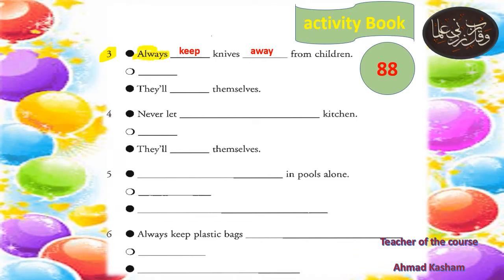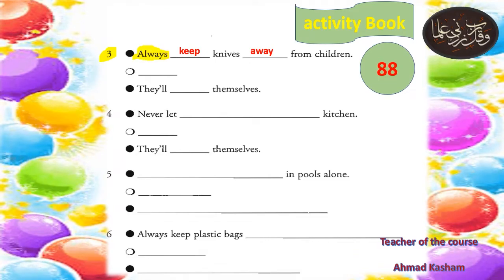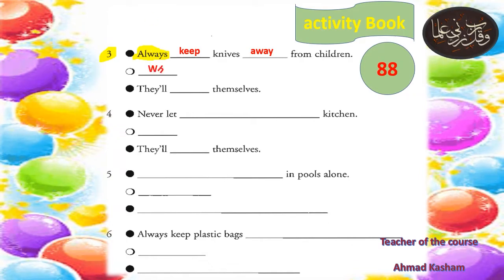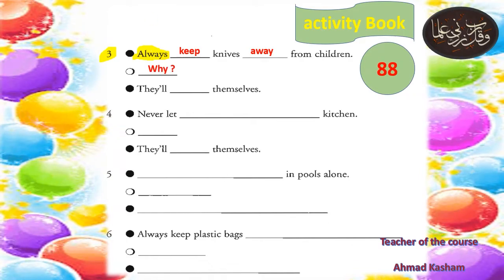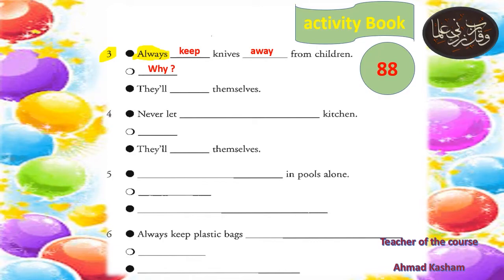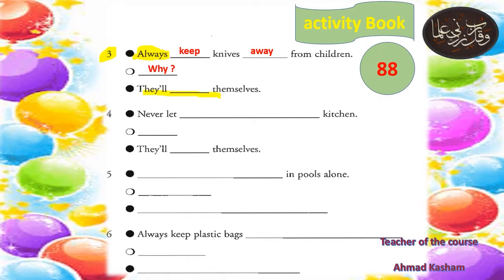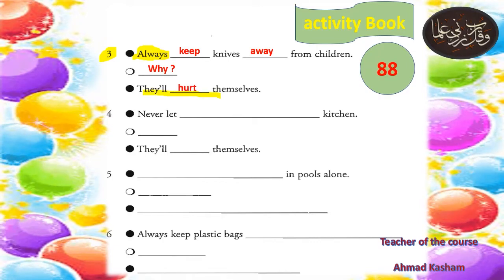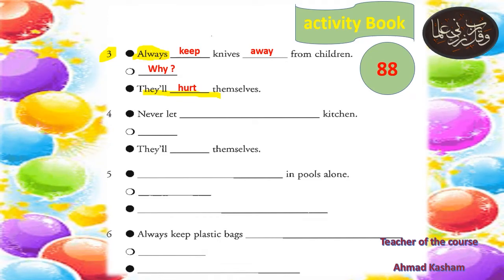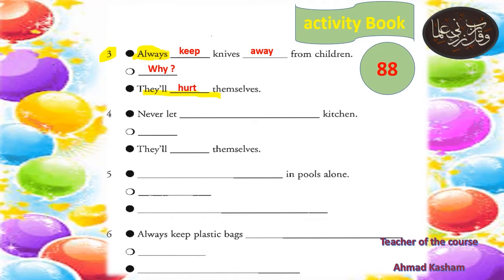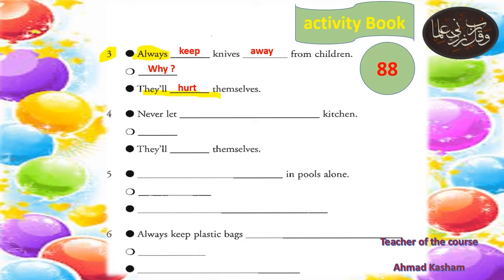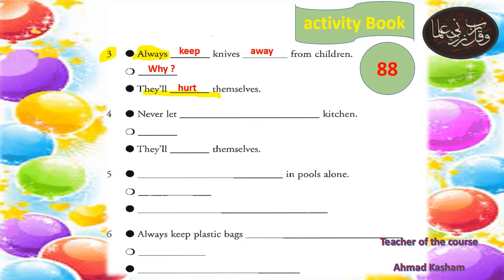We should ask with why or with why not. We ask why. So they'll, and here I will provide the reason. They'll hurt themselves. إذن أعزائي الطلاب, دائما أبقوا السكاكين بعيدا عن الأطفال. Why? لماذا؟ They'll hurt themselves. لأنهم سيؤذون أنفسهم بهذه السكاكين.